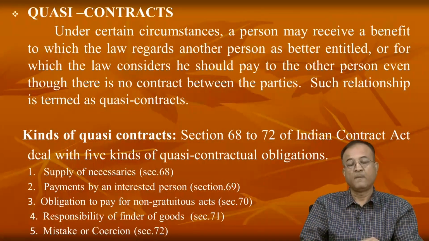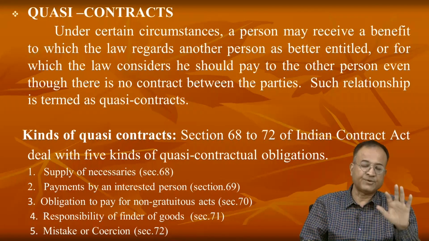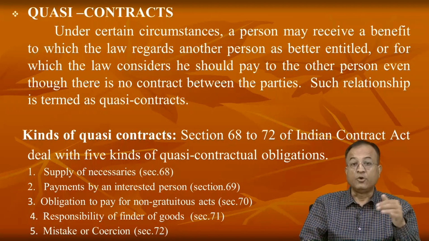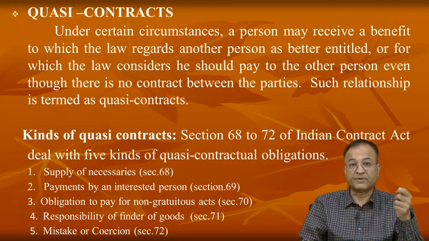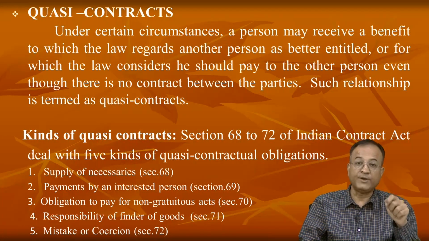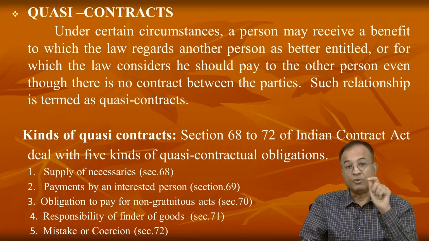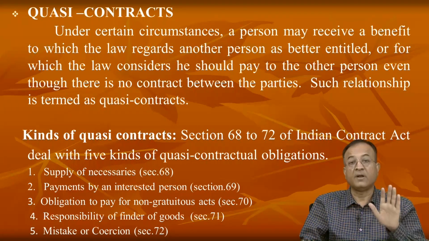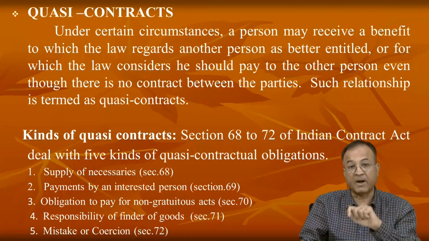Quasi contract. Under certain circumstances, a person may receive benefits to which the law regards another person as better entitled, or for which the law considers he should pay to the other person, even though there is no contract between the parties.